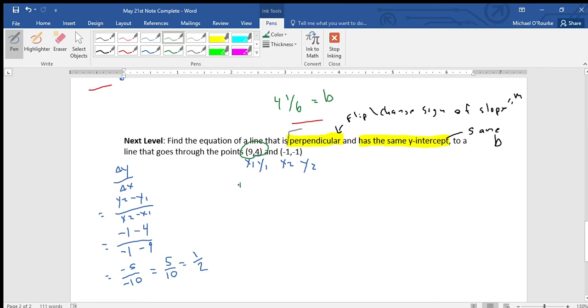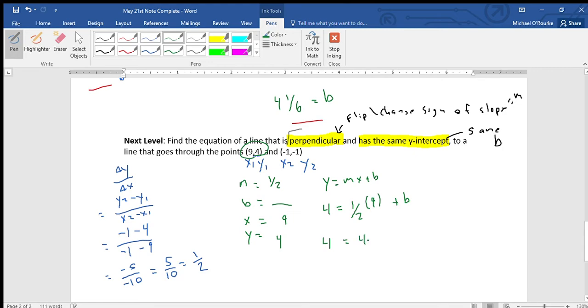So let's write down what we have. M, B, X, Y. M is a half. B is what we're looking for. X is 9 and Y is 4. So let's plug everything in that we know and solve for what we need. So 4 equals a half times 9 plus B. Well, what's half of 9?